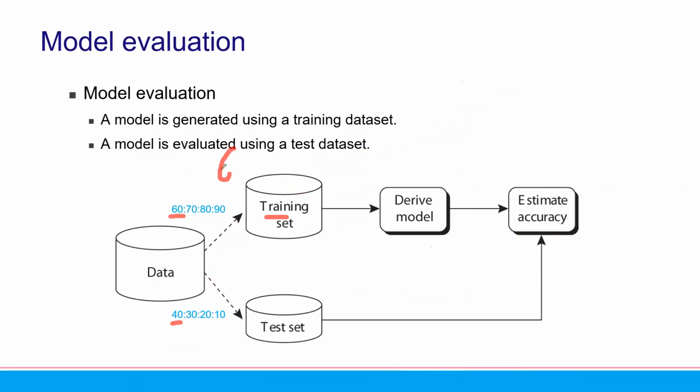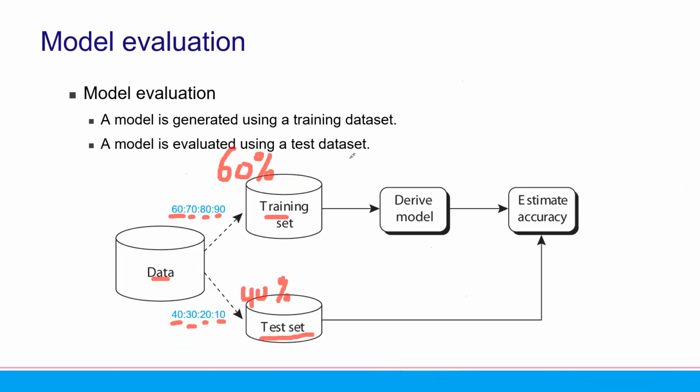It means 60% of the data will be the training set, and 40% of the data, or the remaining of the data, will be the test set. Or sometimes people also use 70-30, 80-20, or 90-10. It depends on the number of your data.